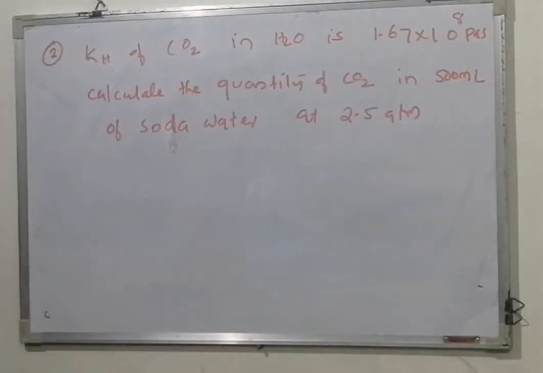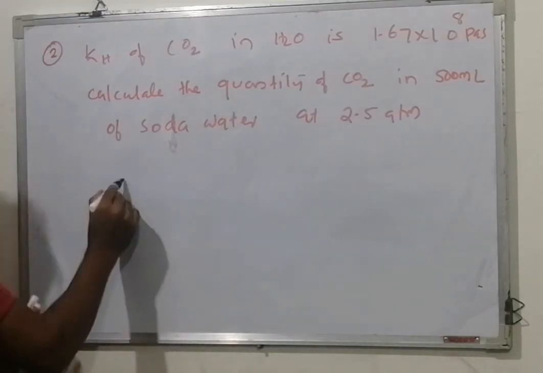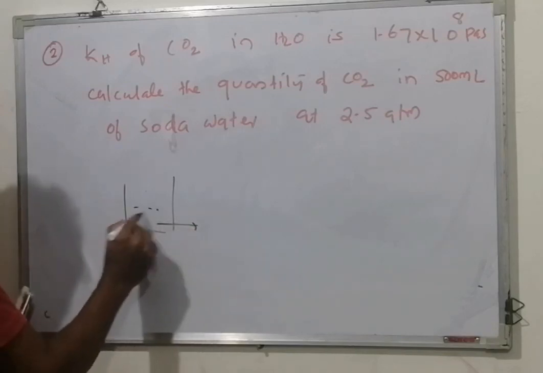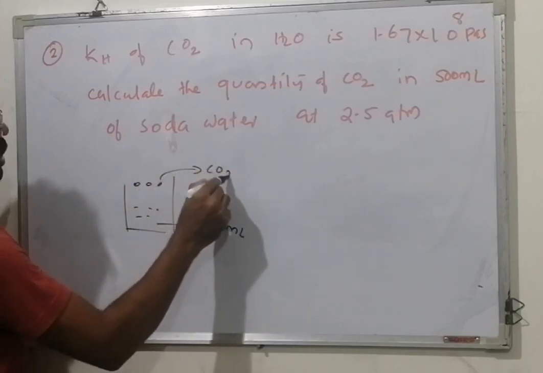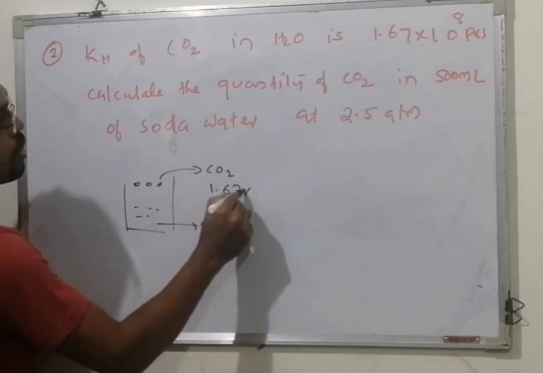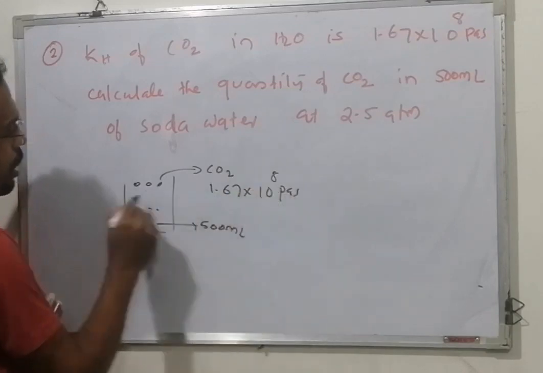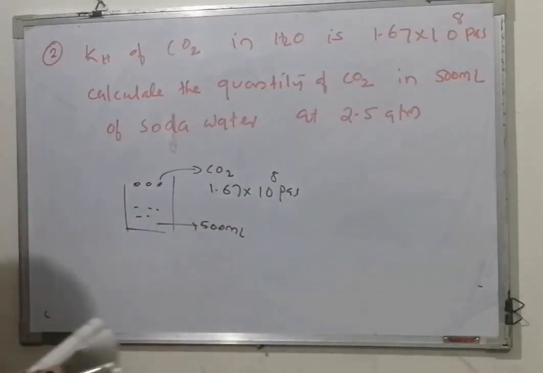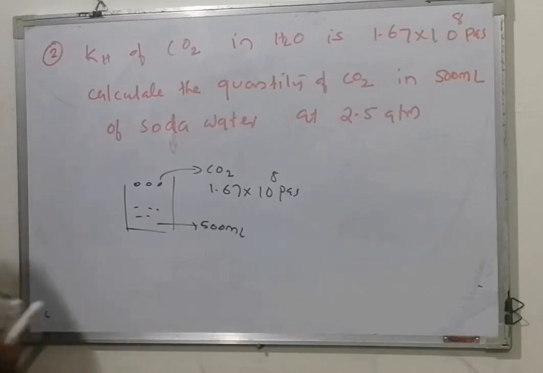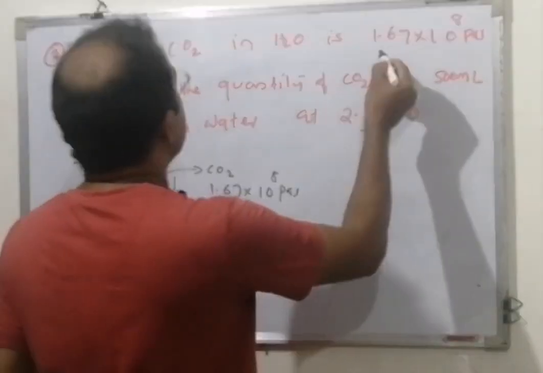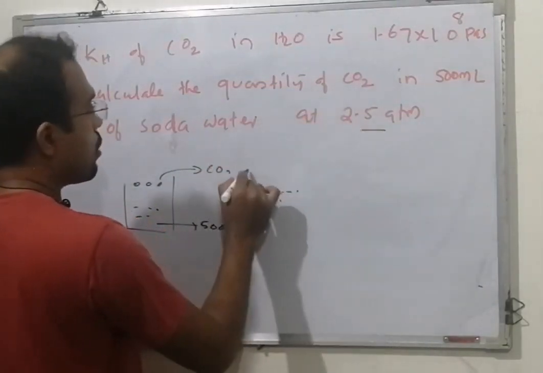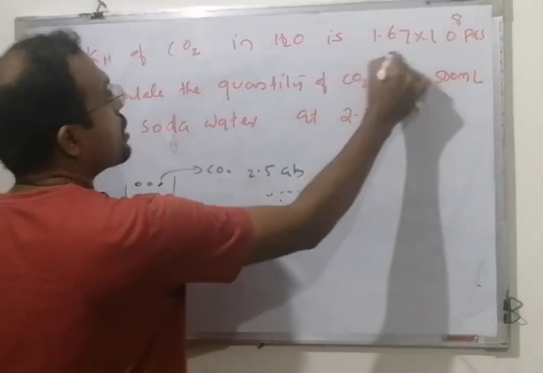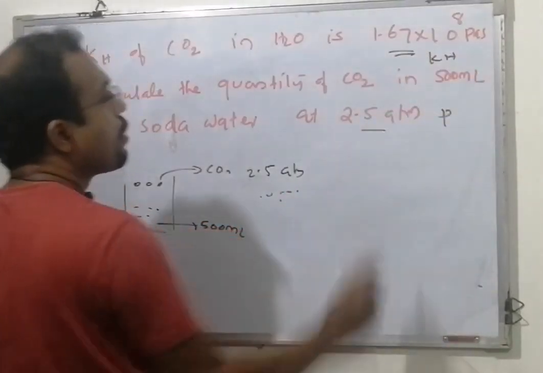Henry's law constant is given. You have 500 ml water, and above that the carbon dioxide pressure is 2.5 atm. How much carbon dioxide is dissolved? Pressure is given, Henry's constant is given, and the quantity is asked.